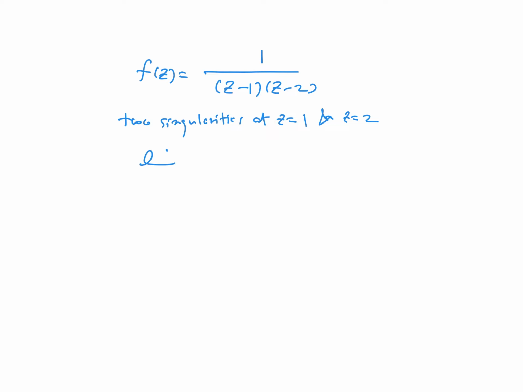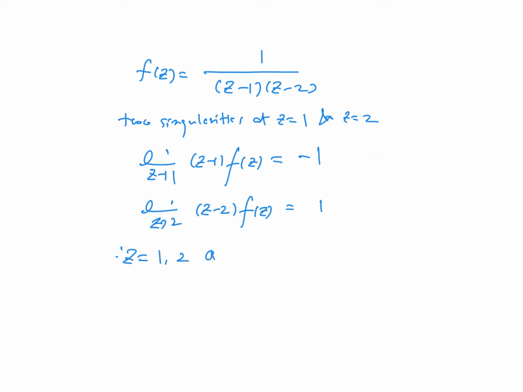Multiplying by z minus 1, f(z) becomes minus 1, right? And as z approaches 2, multiplying by z minus 2, f(z) is 1, obviously finite. So they are simple poles. So z equal to 1, 2 are simple poles.